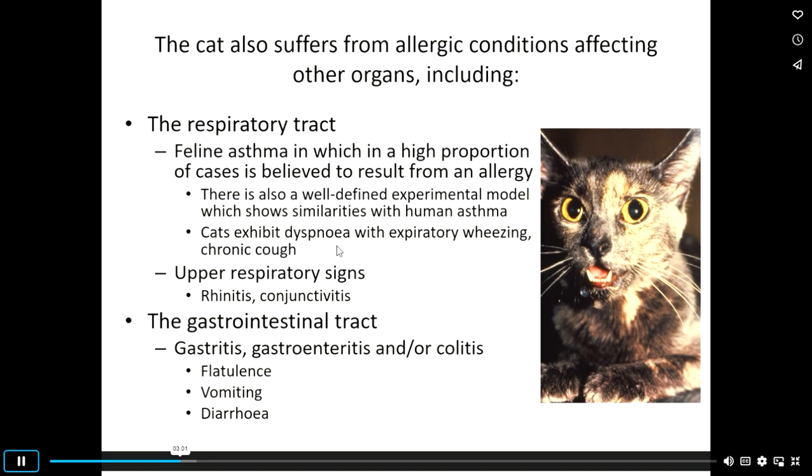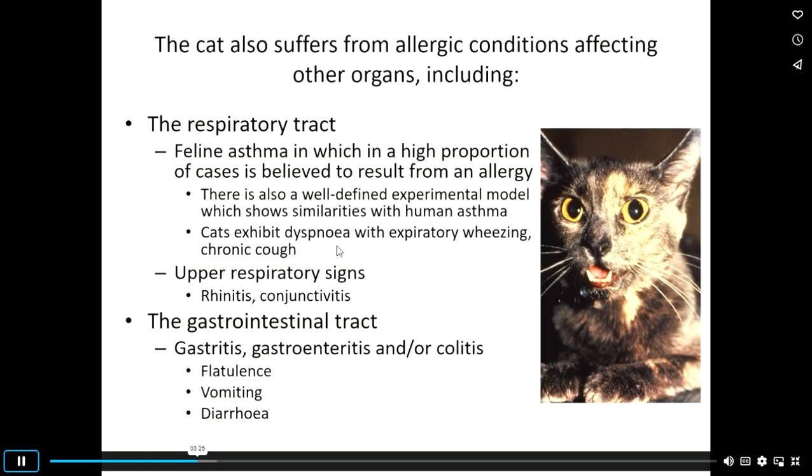But the cat also suffers from allergic conditions affecting other organs, including the respiratory tract. Feline asthma, a high proportion of cases now are believed to result from allergy, and there's a very well-defined experimental model which has thrown a lot of light on this condition, and it shows similarities to human asthma.